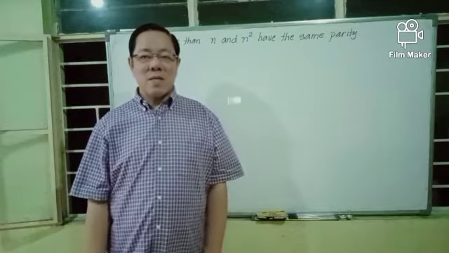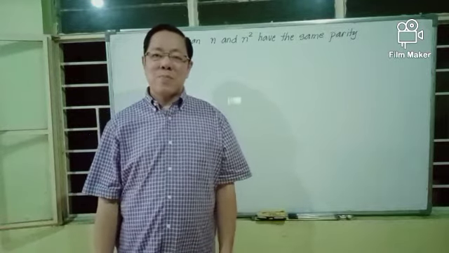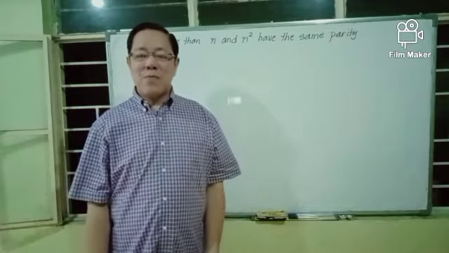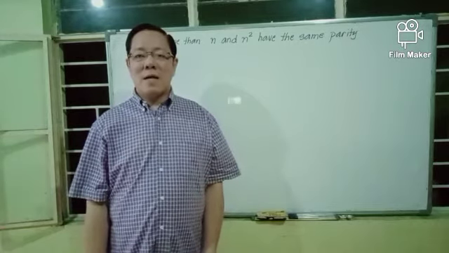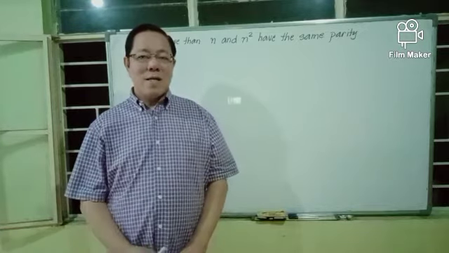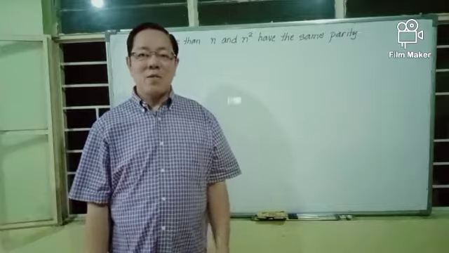Hence, the proof of this example will consist of two parts. In the first part, we show that N is even if and only if N squared is even. And in the second part of the proof, we will show that N is odd if and only if N squared is odd.